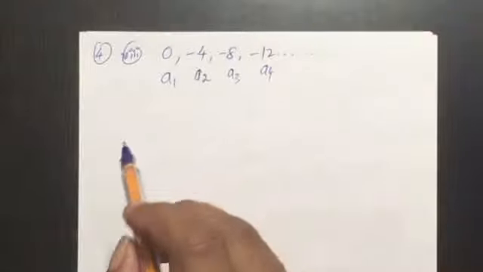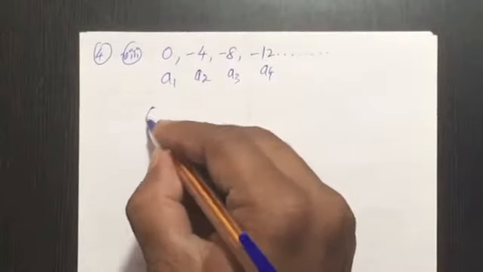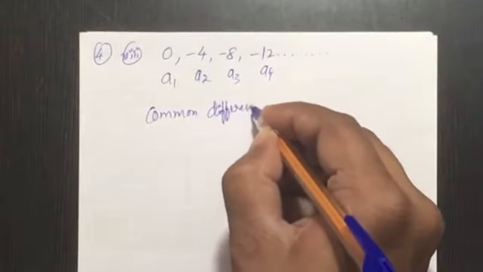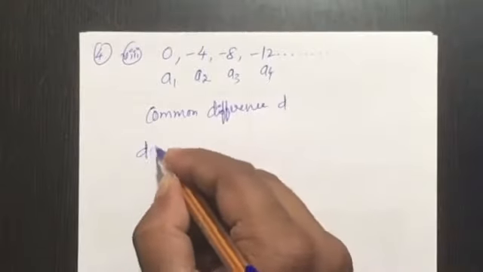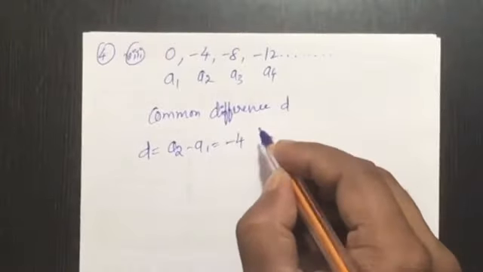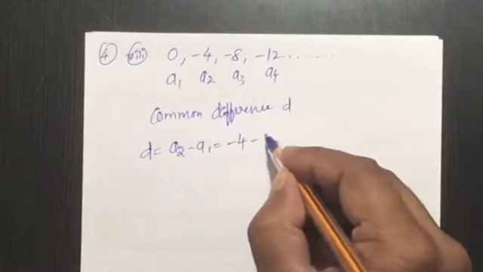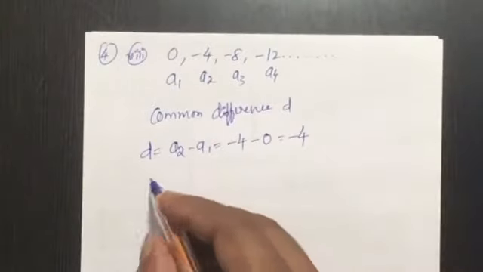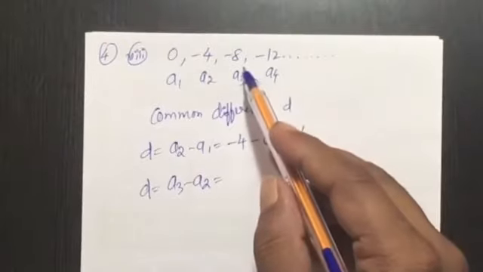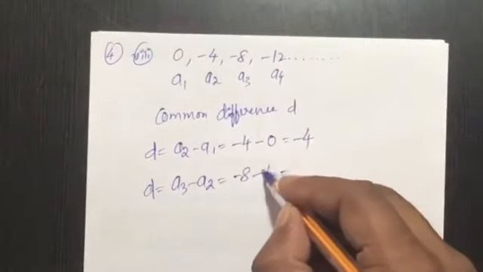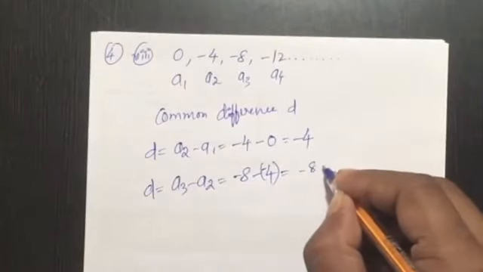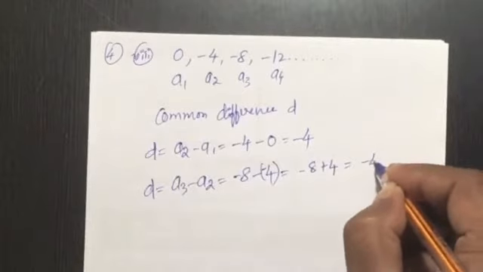Still, I am finding the value of the common difference. D is A2 minus A1. A2 is minus 4, A1 is 0, so the answer is minus 4. Similarly, A3 minus A2, A3 is minus 8, minus minus 4, so minus 8 plus 4 is minus 4.